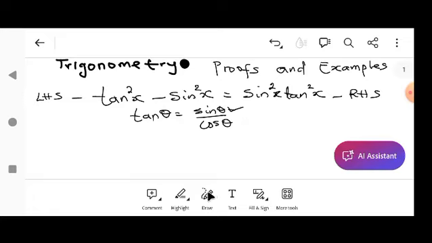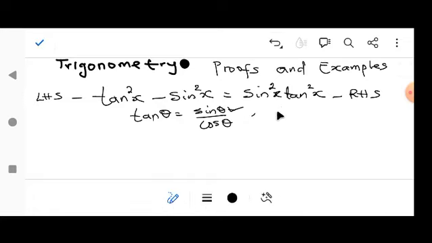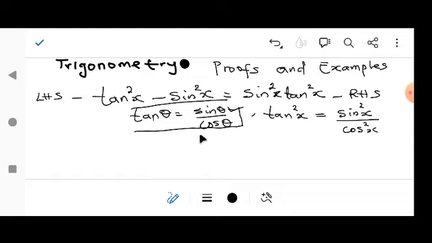So if that's the case, we can actually express tan square x. We can express it as what? Sine square x all over cos square x, because of this identity, right? By the virtue of this identity, we can do that.